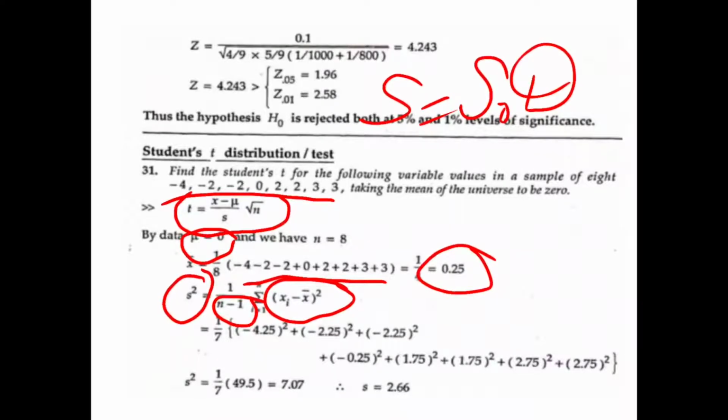Again 0 minus 0.25, and minus 2 is again there, so this value is repeated. Again the fourth value is 0 minus 0.25, the whole square, and so on. 2 minus 0.25 is 1.25, the whole square.